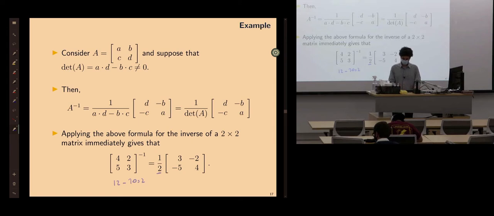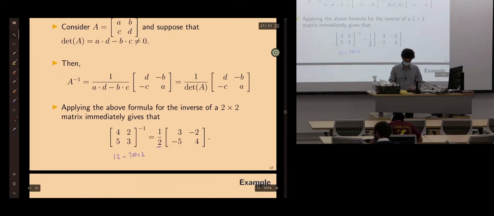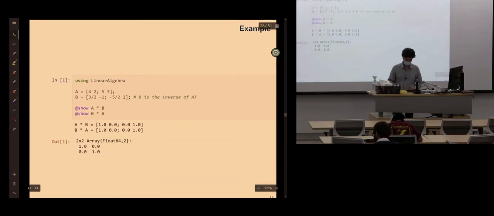And I'm just using that formula to change the location of A and D and negate B and C. Let's verify it in Julia. I define A and I define B based on what we just calculated by hand. And I'm calculating A times B and B times A. Both of them are giving me an identity matrix. Just a sanity check to convince ourselves that that's correct.